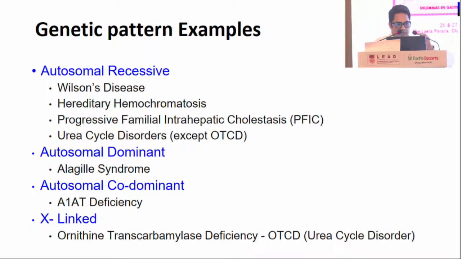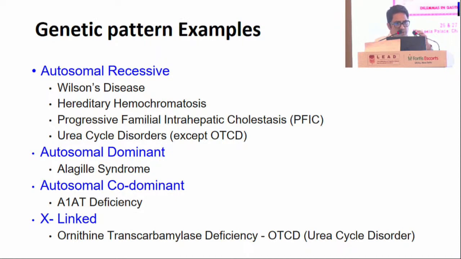The most common reason for transplant other than biliary atresia and urea cycle disorders is Wilson's disease, which is a prototype of autosomal recessive disorders, along with hereditary hemochromatosis, PFIC, and urea cycle disorders, except ornithine transcarbamylase deficiency.